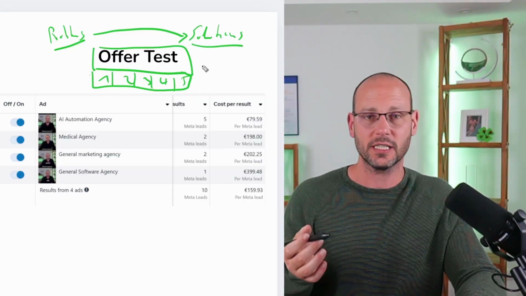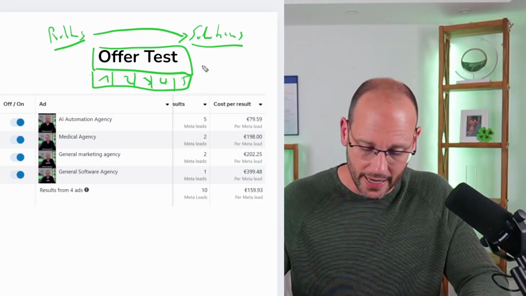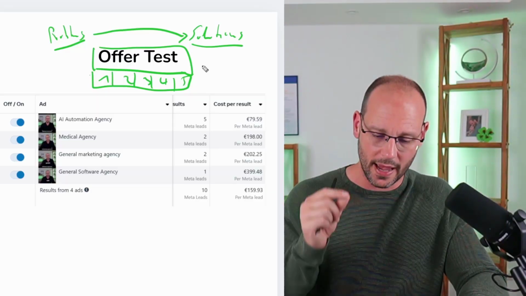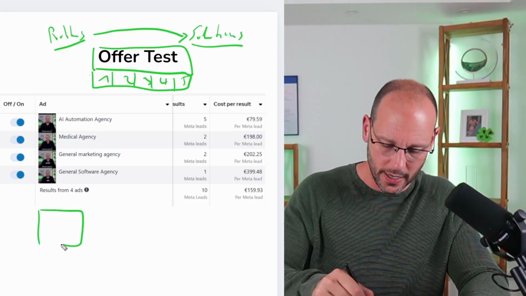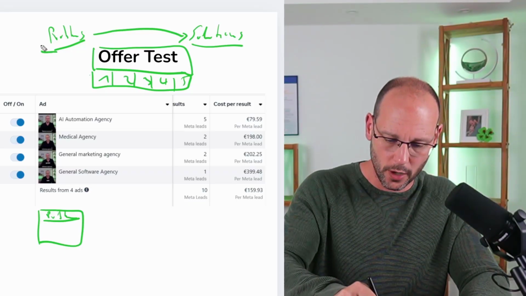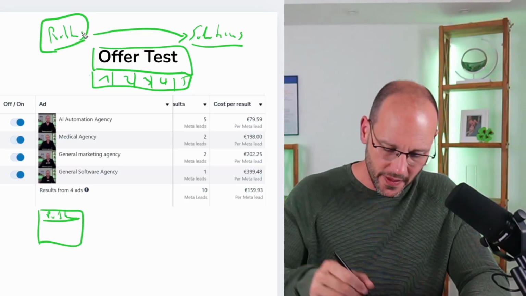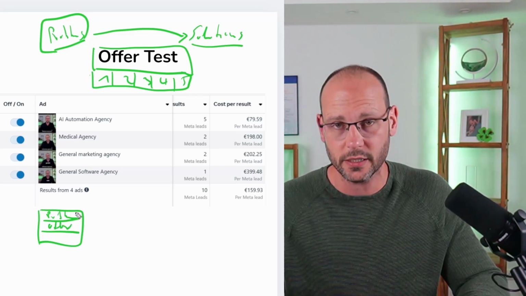So basically the offer test means you now start running lead campaigns on Meta. And with the lead campaigns, you have a specific structure in your ad, which typically starts with the problem. Okay, one of the problems you've tested here. And then you communicate your offer, but you need to communicate your offer in just one sentence.